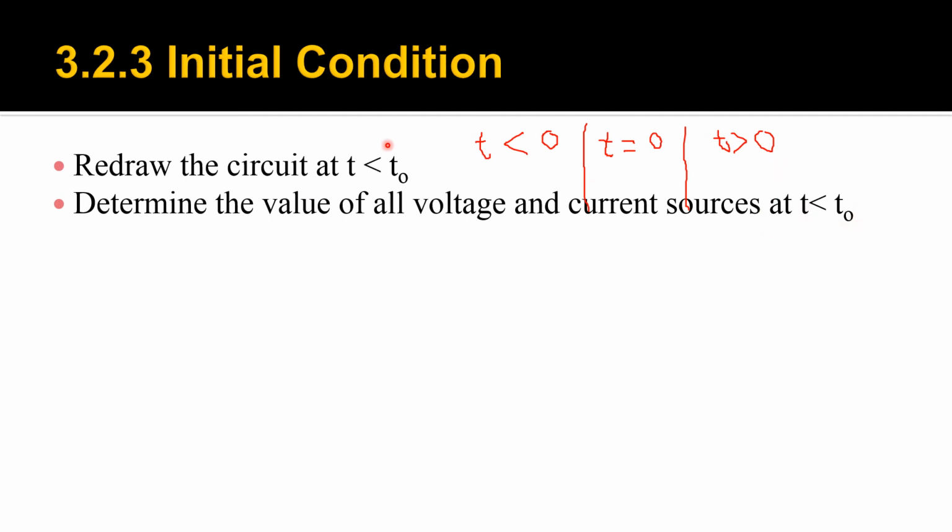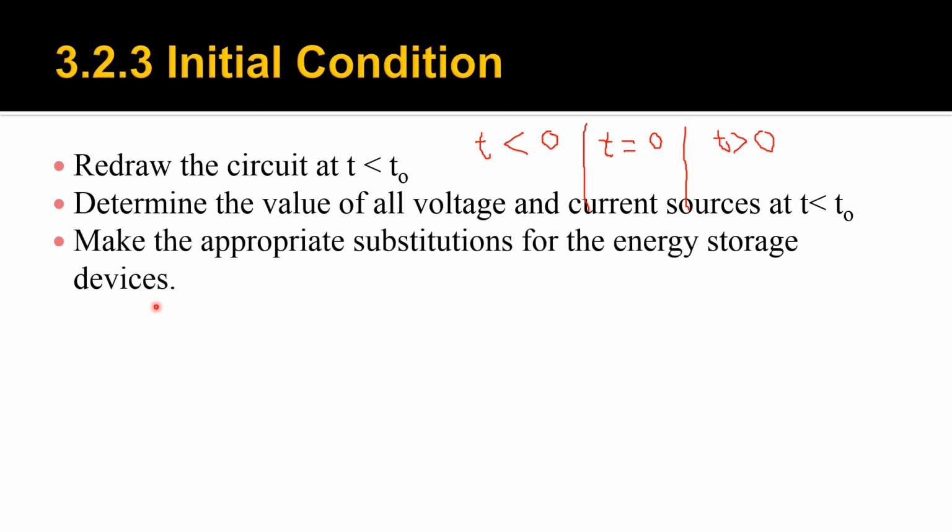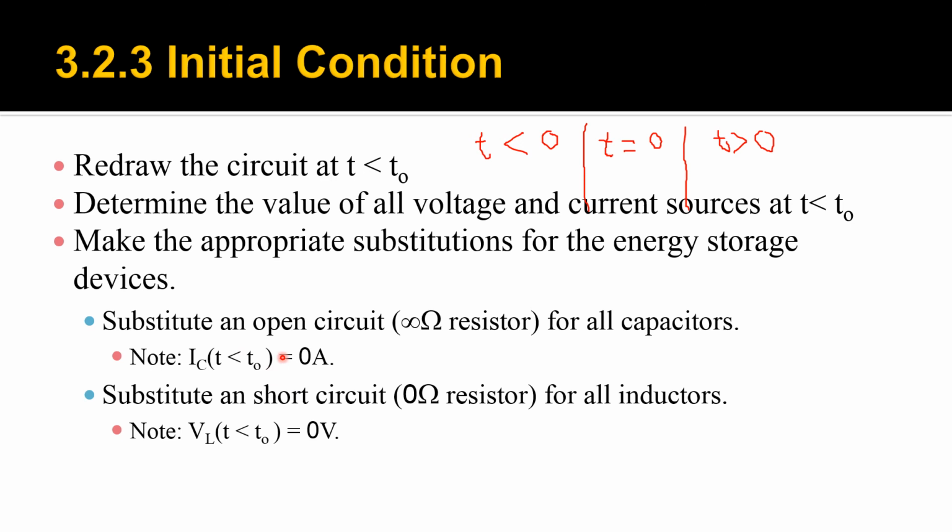Next, you need to determine the value of all voltage and current sources at t less than 0. So this is the condition at t less than 0. Find the voltage and current source values. Then you make the appropriate substitution for the energy storage devices. So let's say you see a capacitor, you substitute it with an open circuit, which gives current 0, but there will be a voltage.